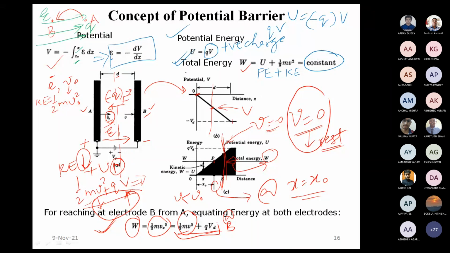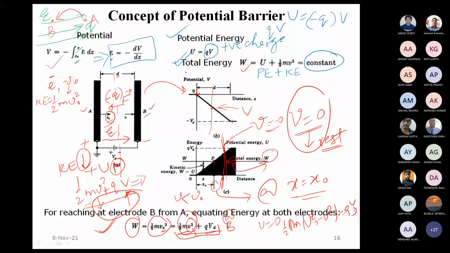Q times Vd is the potential energy gained by the charged particle while landing on plate B. So if v is equal to 0 at plate B, then we say that the charged particle has reached plate B. But if v naught is such that this velocity is going to just become 0 before reaching plate B, then we can say that it is not reaching plate B. What I mean here is that if we write the same equation in this form, half m into v naught square minus v square is equal to qVd.